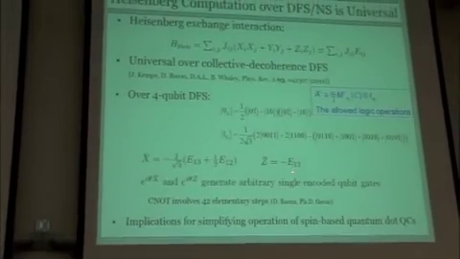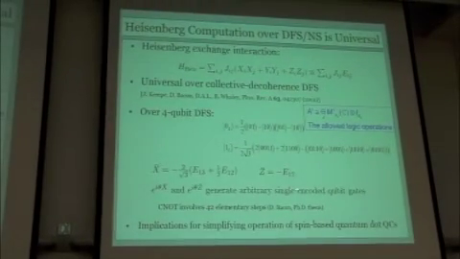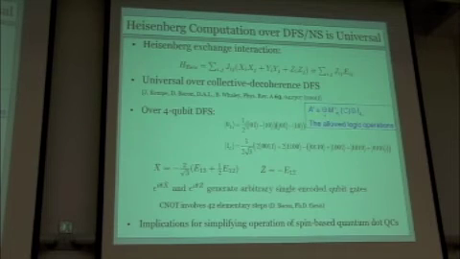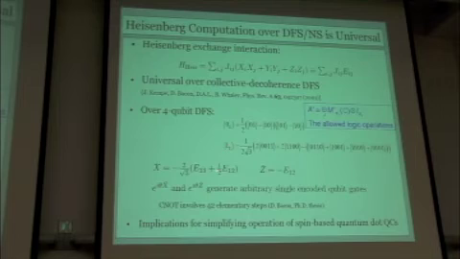Over this 4-qubit DFS, you can identify explicitly what the exchange operations are that implement logical X and logical Z. Logical X is an operator which interchanges logical 0 and logical 1. Logical Z is one that puts a relative phase between logical 0 and logical 1.